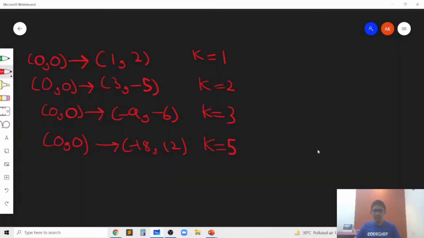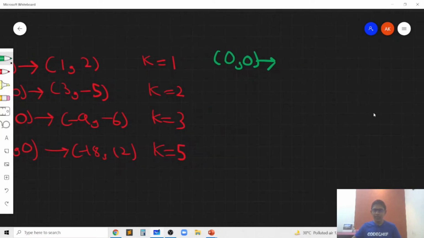So the four examples are, we want to reach 1, 2 when k is 1. In this case, note that we can start from 0, 0 and increase the value of the x coordinate by 1 because k is 1, and that will be 1, 0.